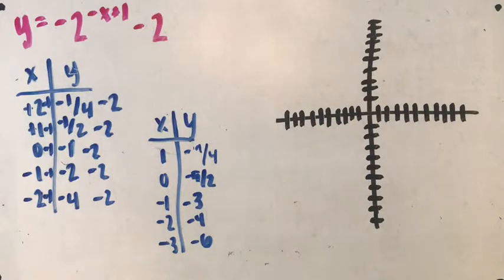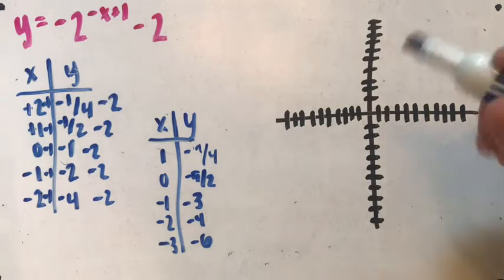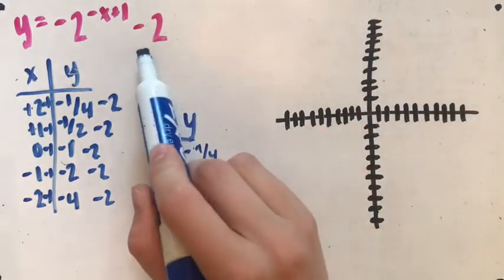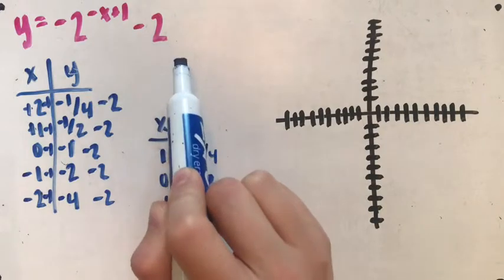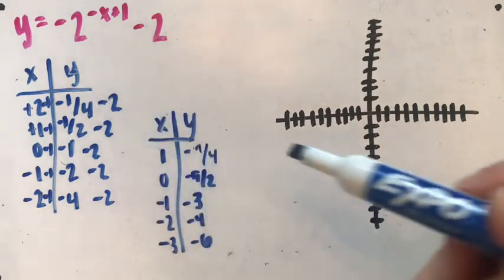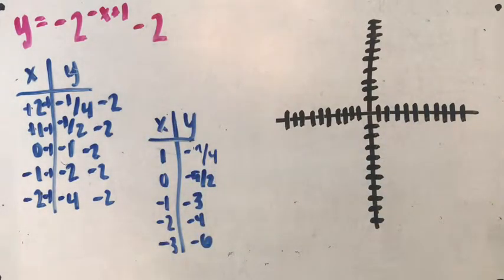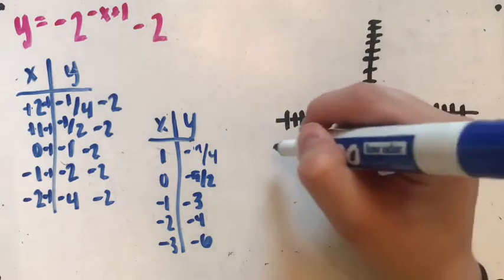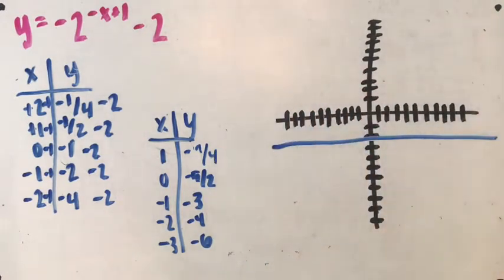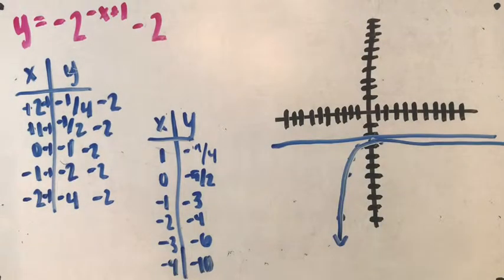And you might want to draw your asymptote first so you know what not to cross. So the asymptote is -2 because -2 is in the k position, and that is where the asymptote is. And then we just go ahead and graph. And just like that, we have graphed our function.